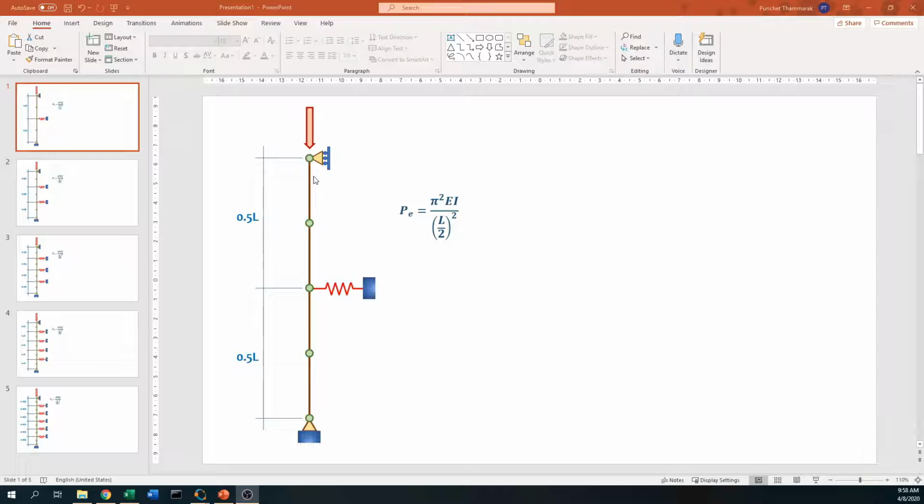So without the spring, if we run the second order analysis of this column, which is pin and pin, you find that the capacity of this column is going to be pi square EI over L square without 2, okay? Pi square EI over L square.